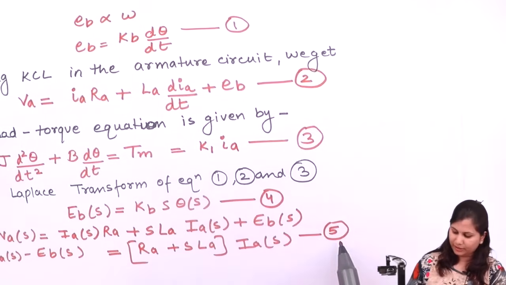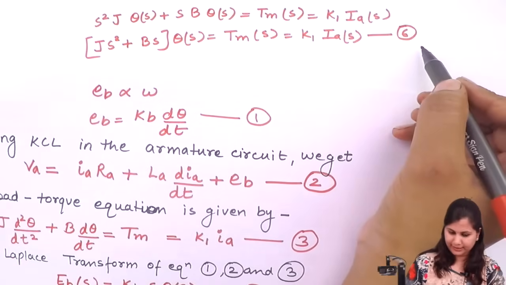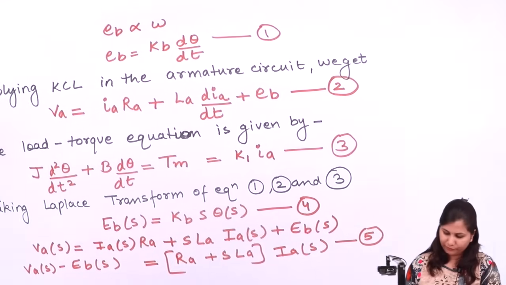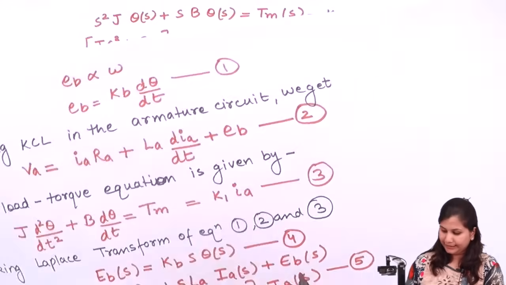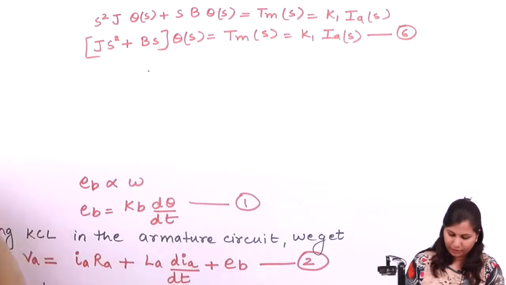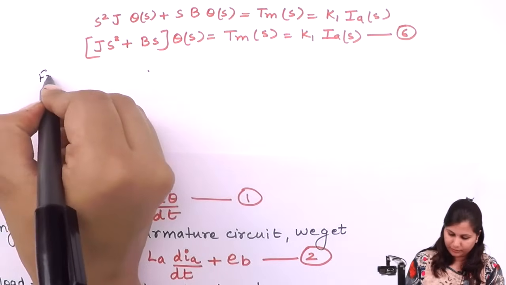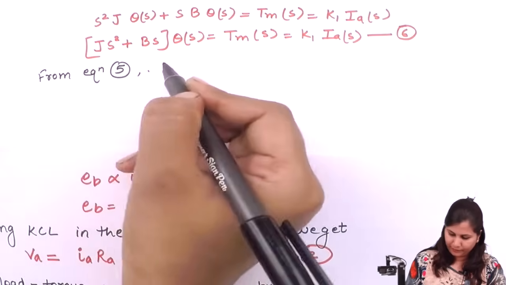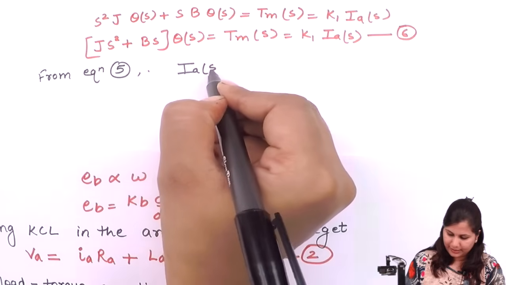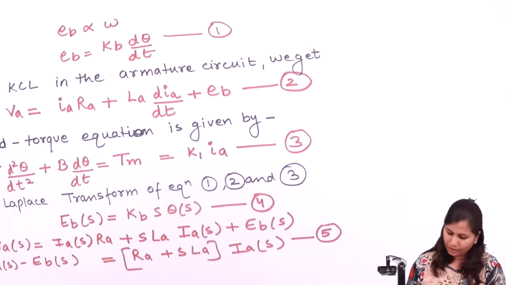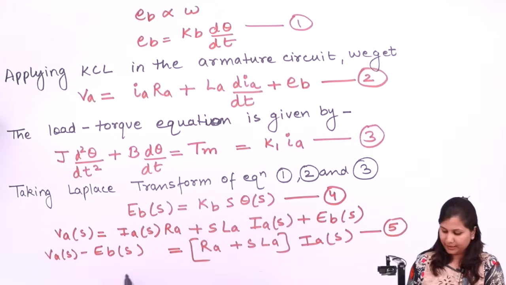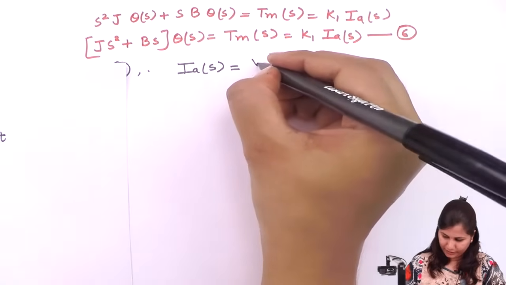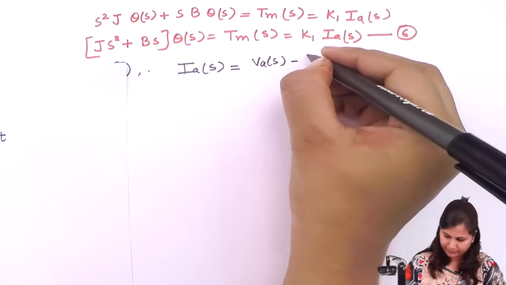So we have these three equations, fourth, fifth and sixth. Now from this fifth equation, if we take the value of IAS, we have IAS as VAS minus EBS divided by RA plus SLA.